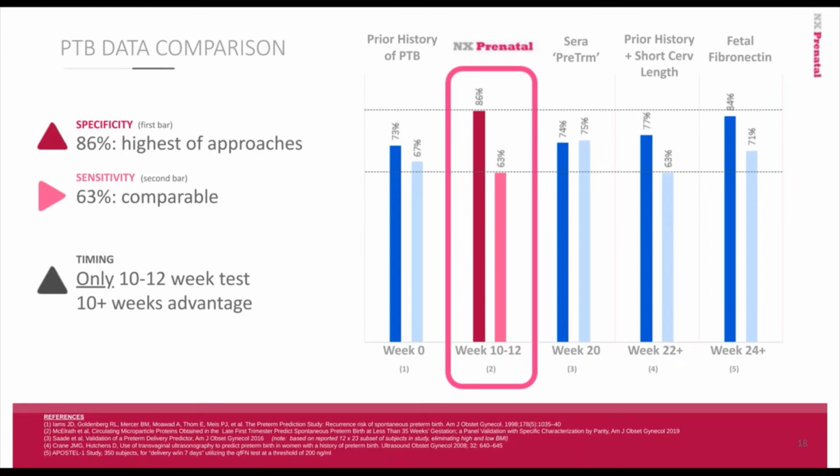In fact, the performance of our model is quite better than current assays indicated here, including clinical parameters and biophysical approaches that predict or diagnose preterm birth versus term births.